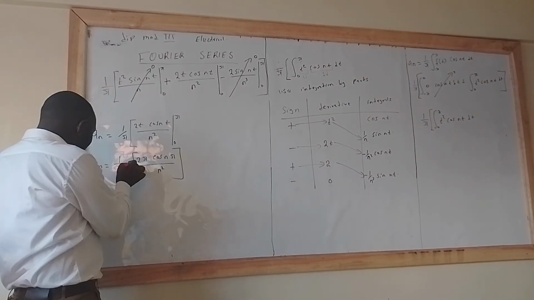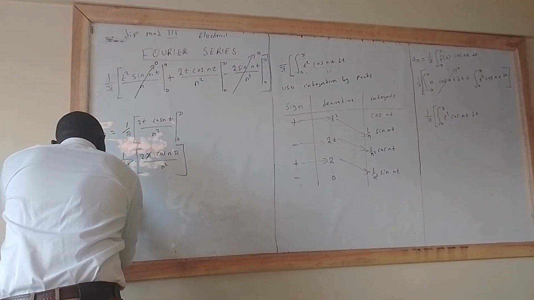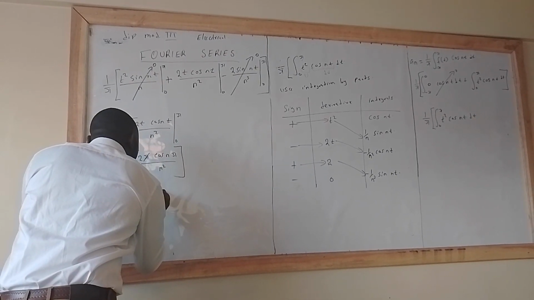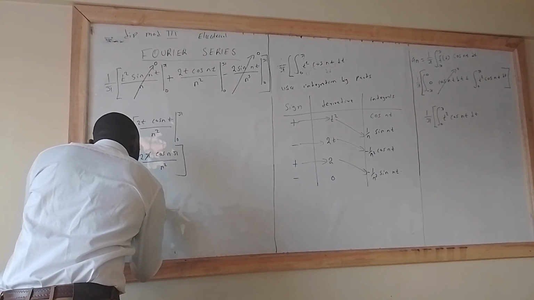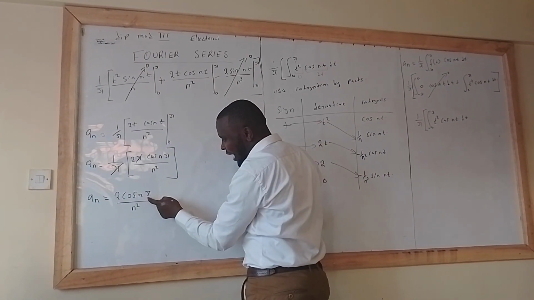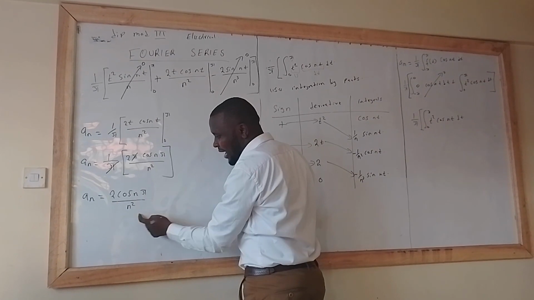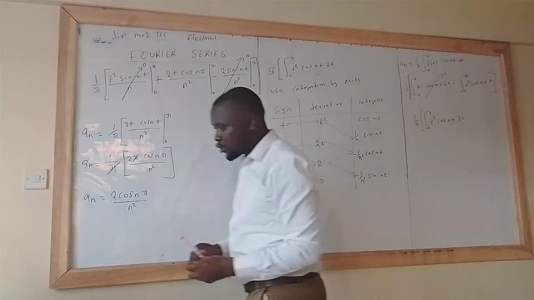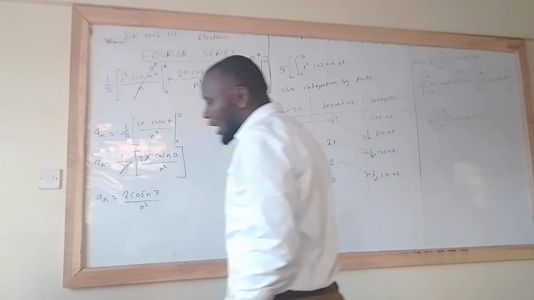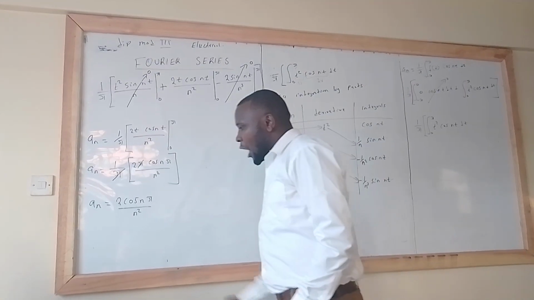Mathematically this pi and this pi will cancel. So a_n is equal to 2 cos n pi divided by n squared. Very good, so we have a_n as this.